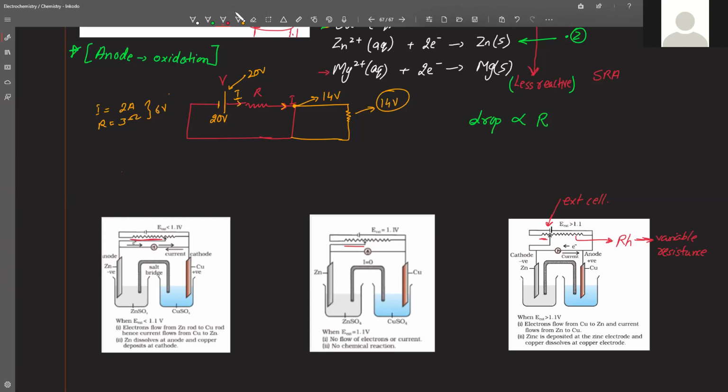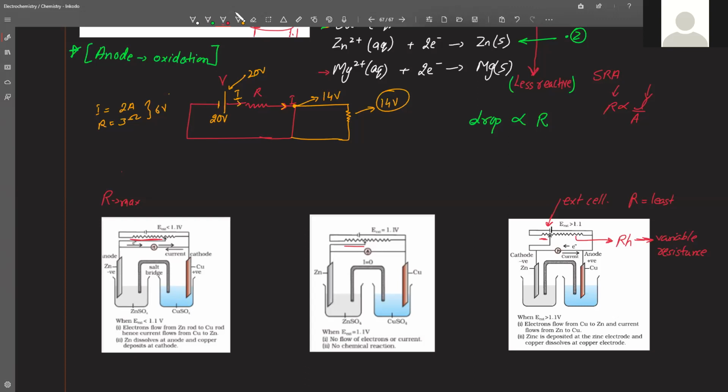By increasing the length, we are increasing the resistance. Remember, the resistance is directly proportional to length and inversely proportional to area. So if you increase the length, you increase the resistance. That's why this diagram is made like that. The resistance connected to this cell is maximum here and least here, beautiful line, right?